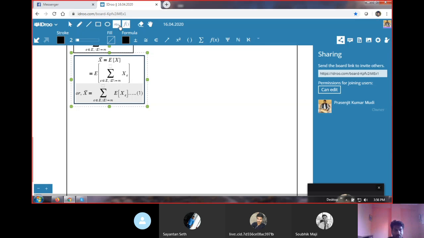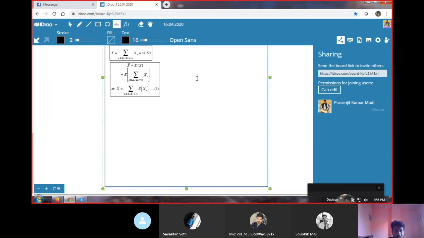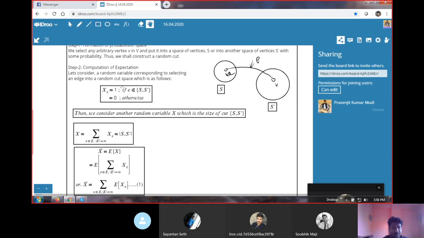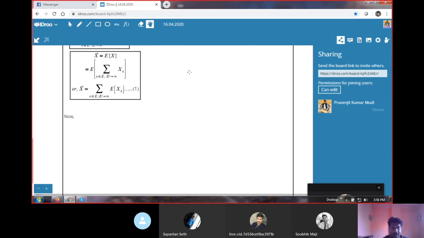So now what will be the value of the expectation of xe? Now what is xe? Xe is a random variable which represents that an edge belongs to S, S bar. The question is, how can an edge belong to the cut S, S bar?